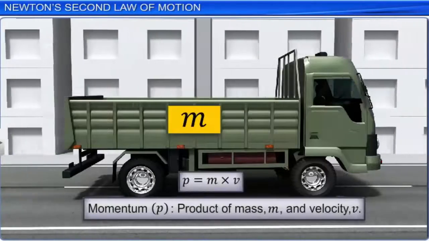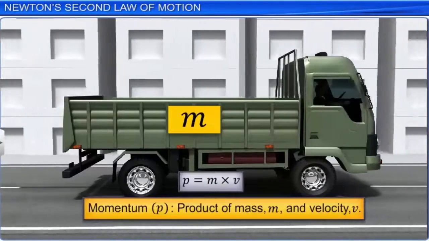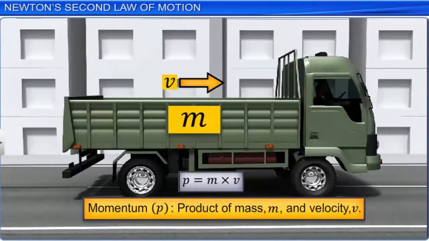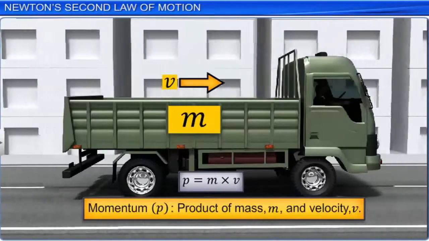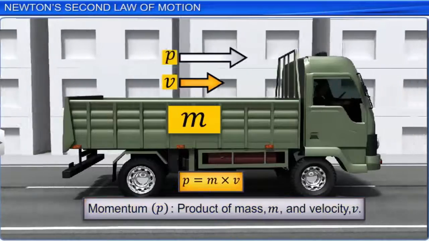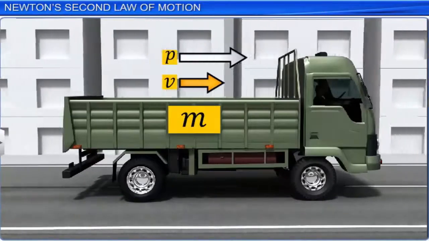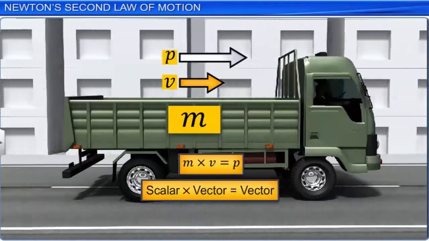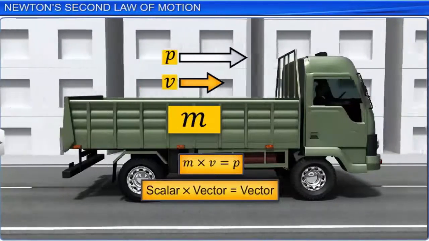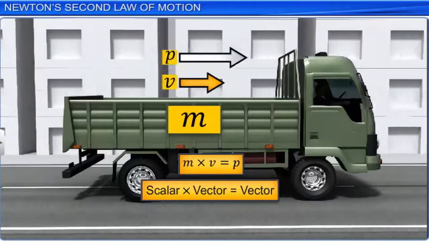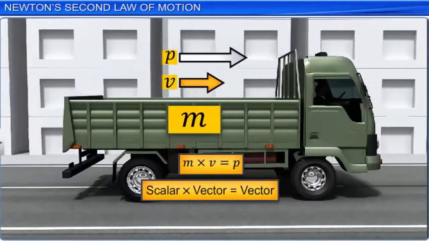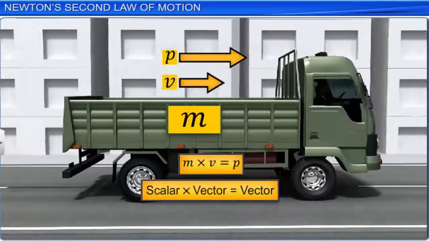The momentum of a body is defined as the product of its mass m and velocity v. Momentum is denoted by P. Since mass m is a scalar and velocity v is a vector, their product, momentum P, is a vector.